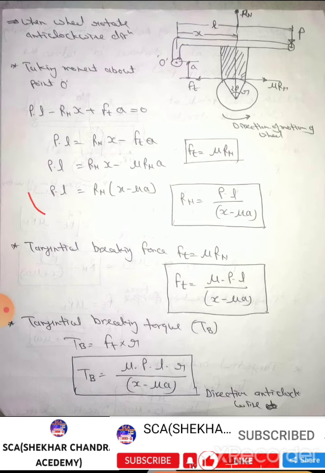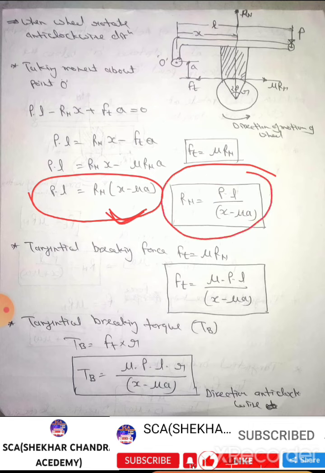PL equal to Rn times X minus mu A. From this equation, we can calculate the value of Rn, normal reaction, equal to P into L upon X minus mu A.